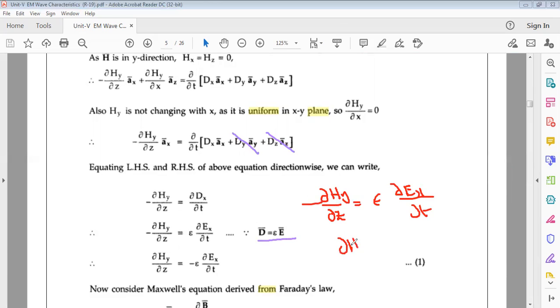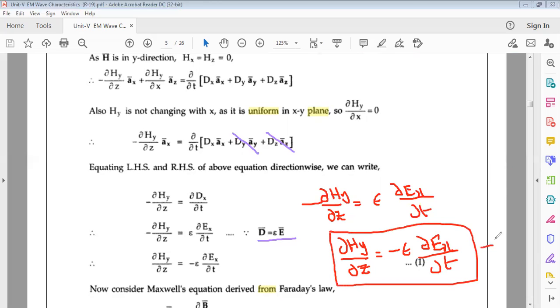Otherwise, dou Hy by dou z is equal to minus epsilon into dou Ex by dou t. This means H is in the y direction, E is in the x direction, with respect to z only we have the values. Okay, equation 1. So we derived this equation from the modified Ampere circuital law.